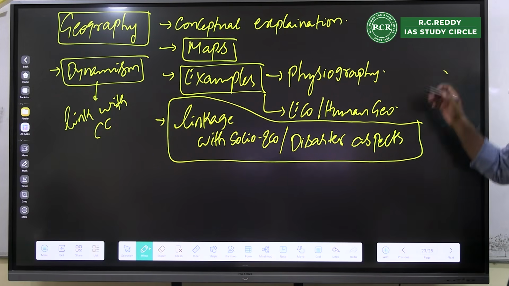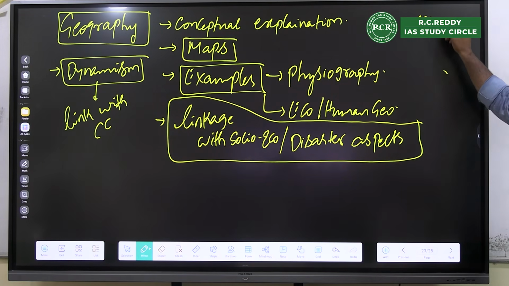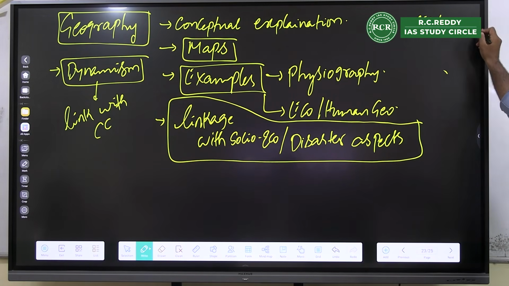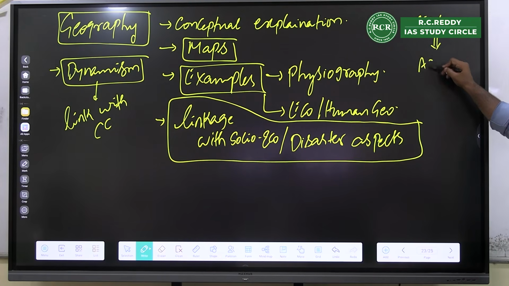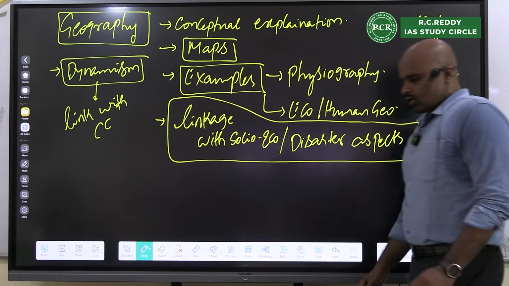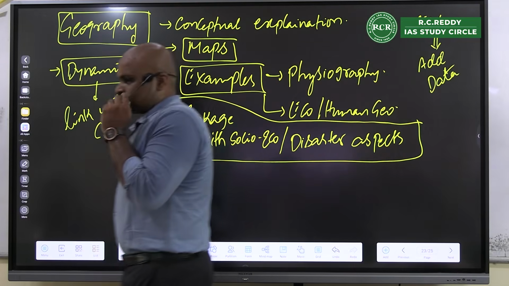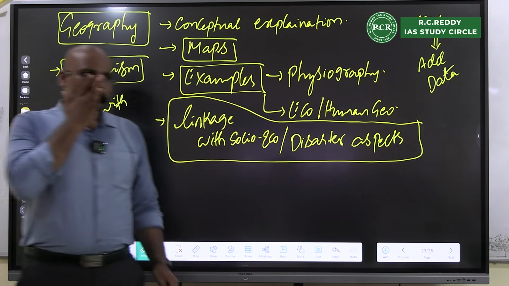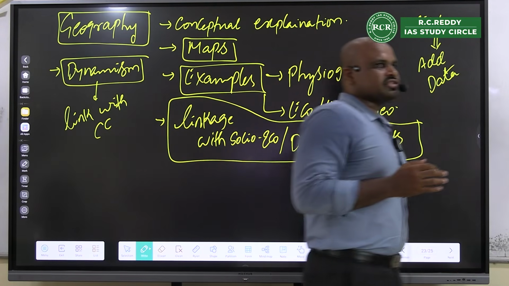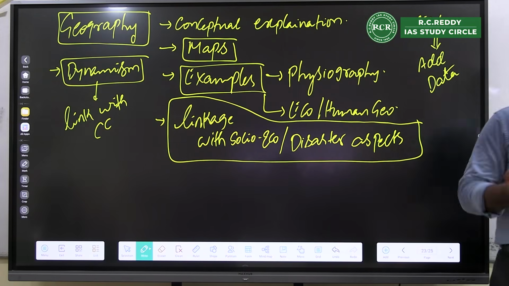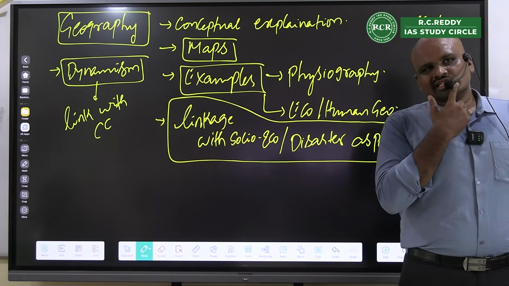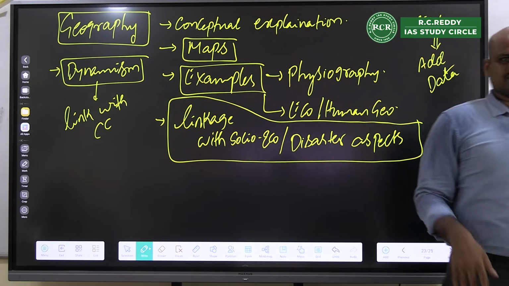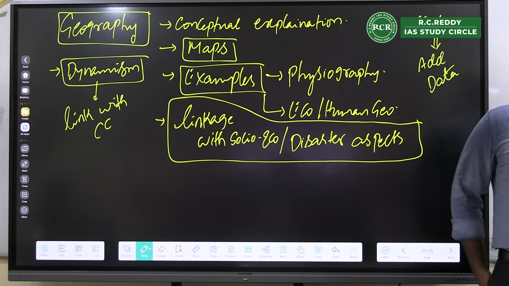Now here and there, especially in economic geography and human geography, please add data. Now when I say data, data is going to differentiate your answer again. Just imagine, agricultural productivity is declining. This is a statement, right?